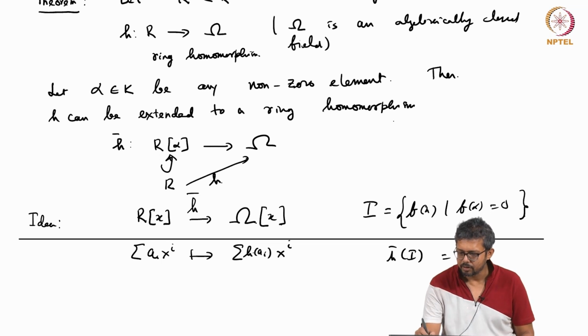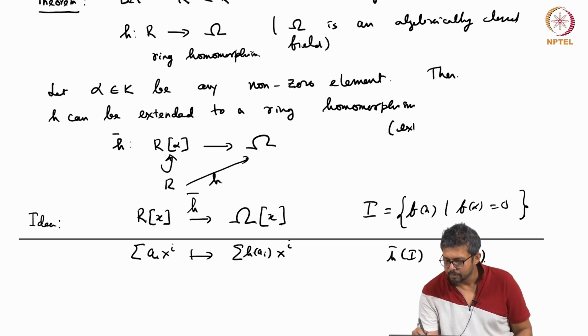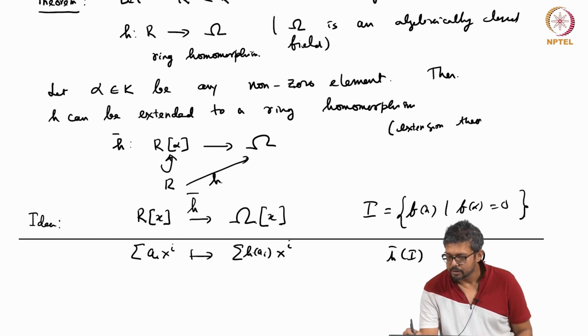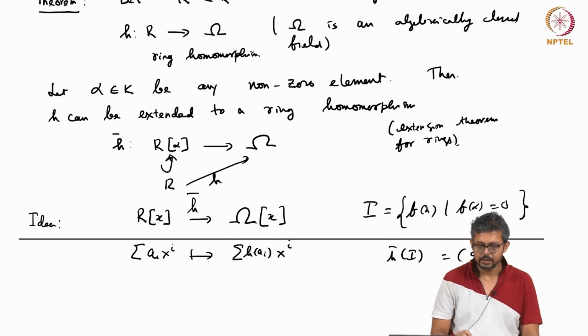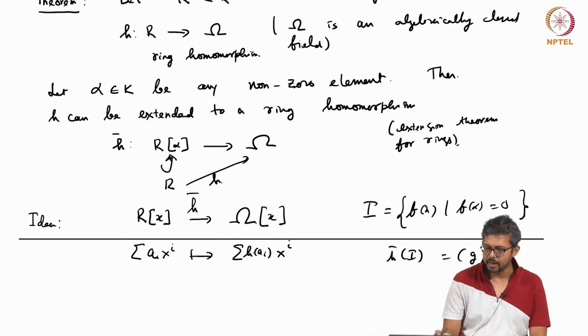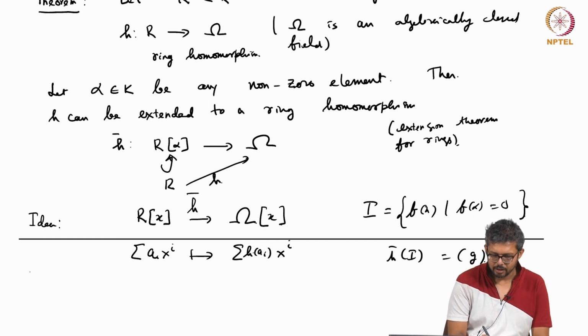I can call this an extension theorem for rings. It is exactly the same idea, but in this case you have to be a little more careful for rings. I leave these details as an exercise; you check them as in the case of fields.